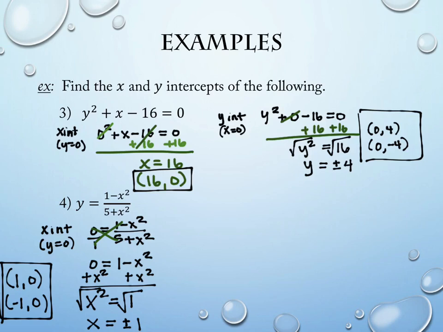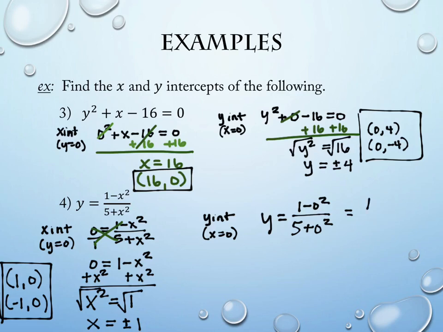Okay, so I take each of the values I found for x, and I correspondingly attach them to the y equals 0, because y is equal to 0 at every x-intercept. So then we're going to do our y-intercept. So the y-intercept is when x is equal to 0. So I have y equals 1 minus 0 squared over 5 plus 0 squared. So what will that give me on top? 1.